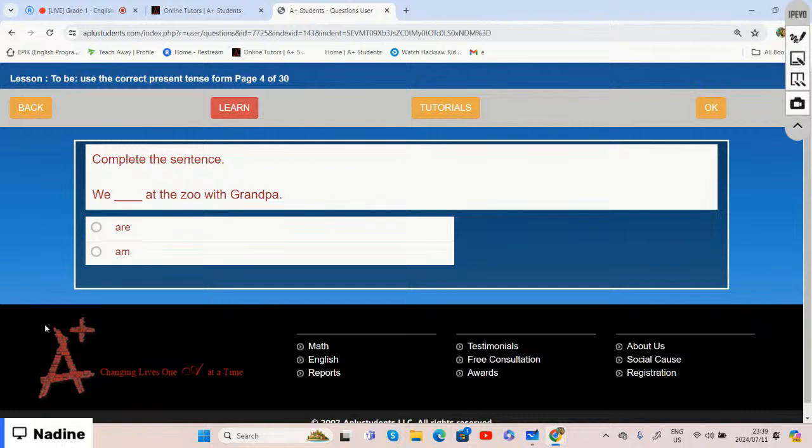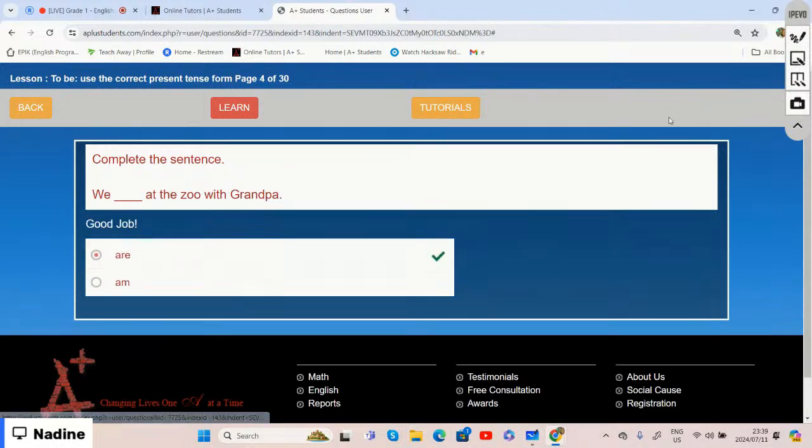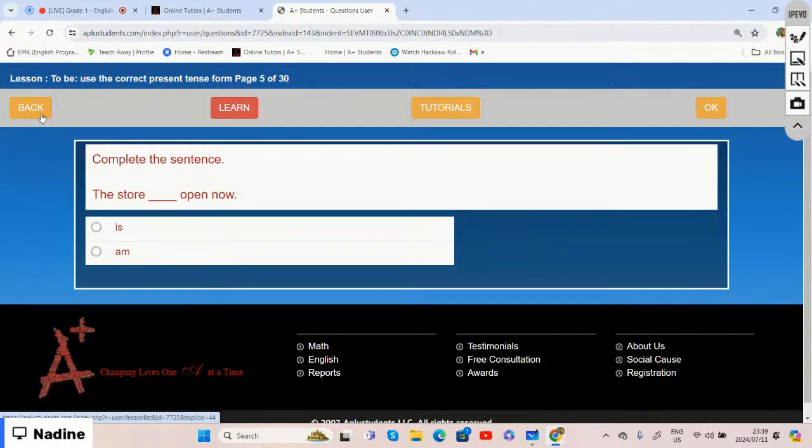All right, and we can say we are at the zoo with grandpa because we're referring to more than one person that is somewhere or doing something.